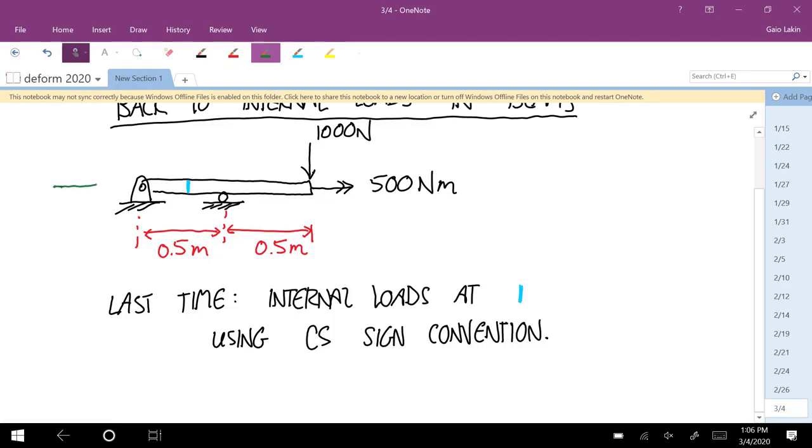So we're using this coordinate system. And we were able to do it. Does anyone remember what the problem is with using that sign convention?